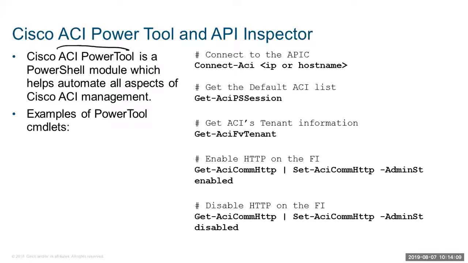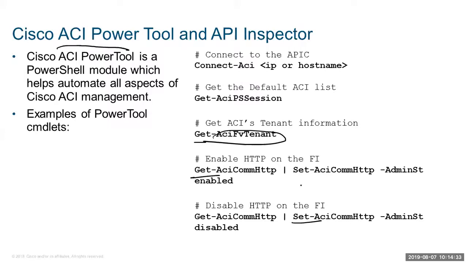Okay. So these are just showing you, like, I want to get the list of all tenants. I want to enable, this is, by the way, HTTPS is enabled, but HTTP is not, so I'm going to enable it. I can do that. The disable, that's a set again.